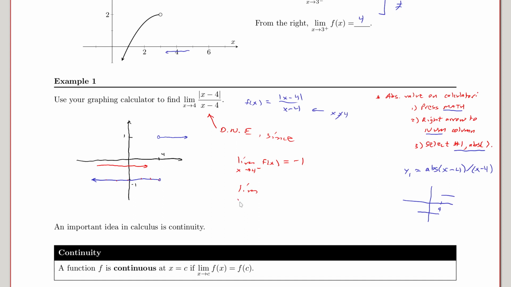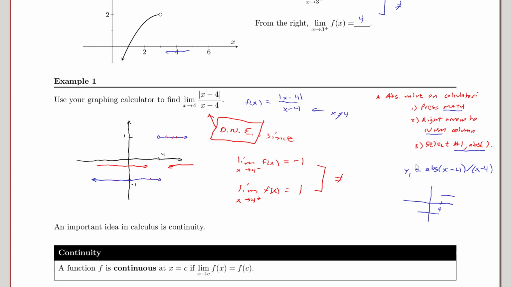And the limit as x approaches 4 from the right-hand side, and remember, we're just asking what height does your function head towards as x approaches 4 from the right. So as we squeeze in from the right-hand side, all the functional values are basically staying at a height of 1. And since those are not equal, our original limit does not exist.